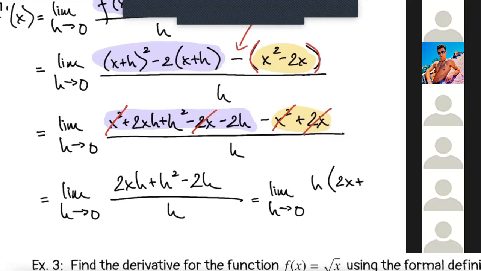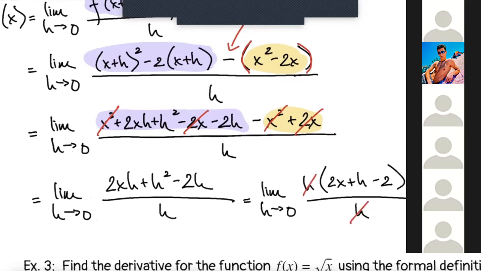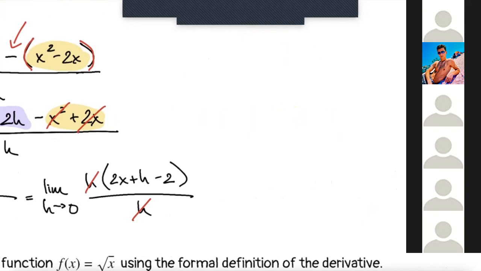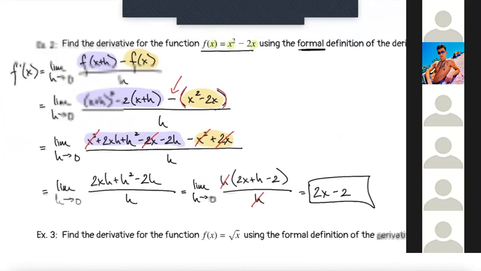2x plus h minus 2. Thank goodness we did this correctly. And now let's try plugging in 0 for h. Okay, so you plugged in 0 for h, you get 2x minus 2.